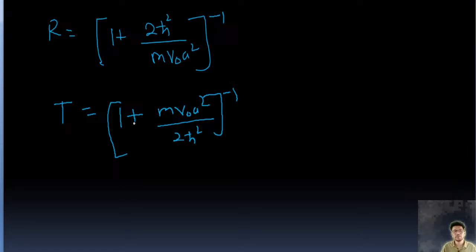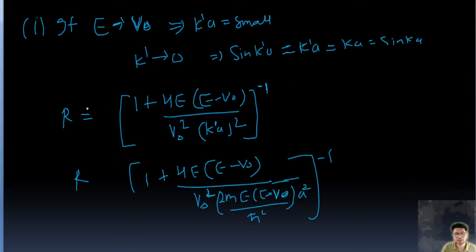So these are the reflection coefficient and transmission coefficient when E tends to V0.